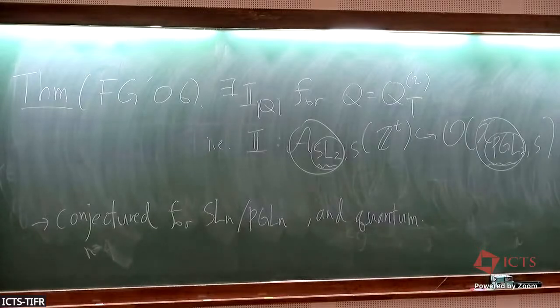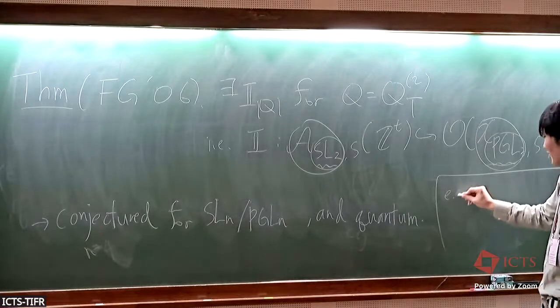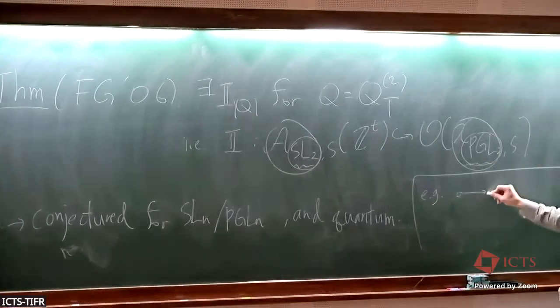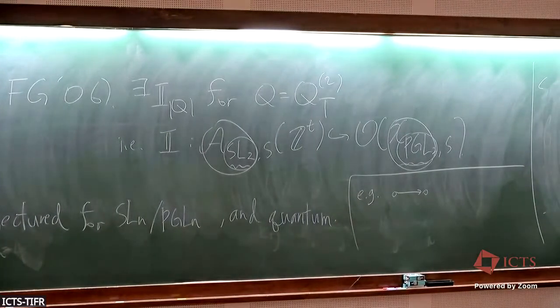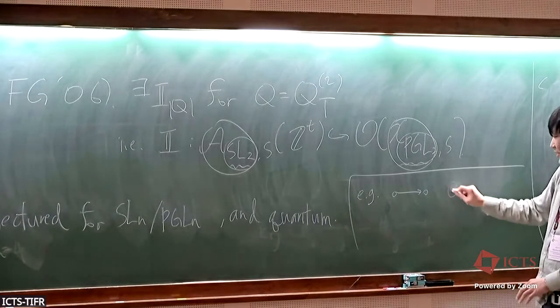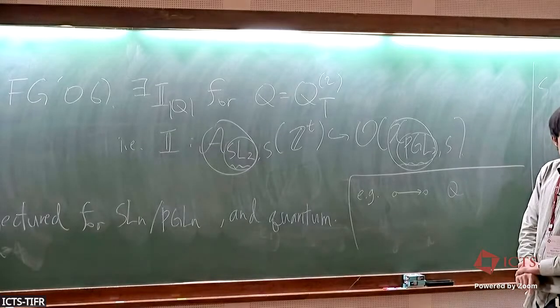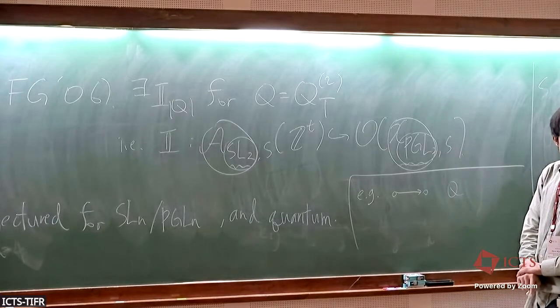Conjecture? Finite mutation type. So let's say an example, this quiver. Now this doesn't come from a triangulation of a punctured surface, but it's for any quiver.